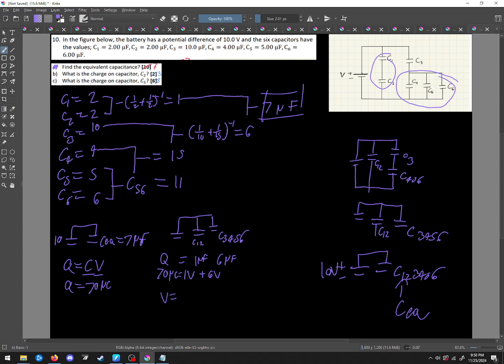We make this V times 1 plus 6 equals 70. Divide by 1 plus 6, which is 7. So V equals 10 still. So that's something.